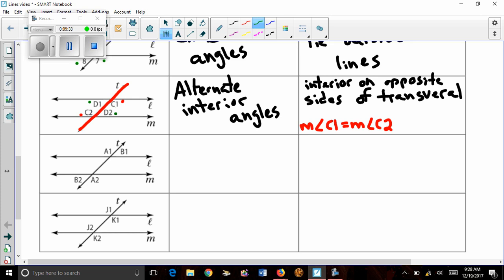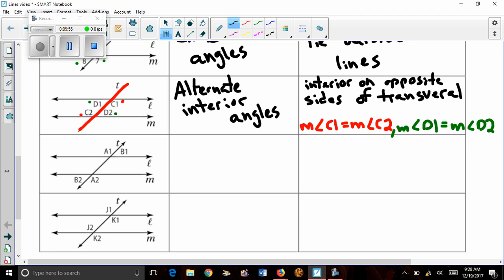Also, the measure of angle D1 equals the measure of angle D2. So we're focusing on angles that are equal to each other.